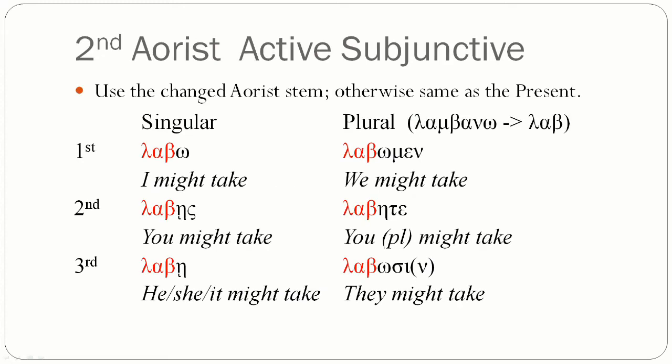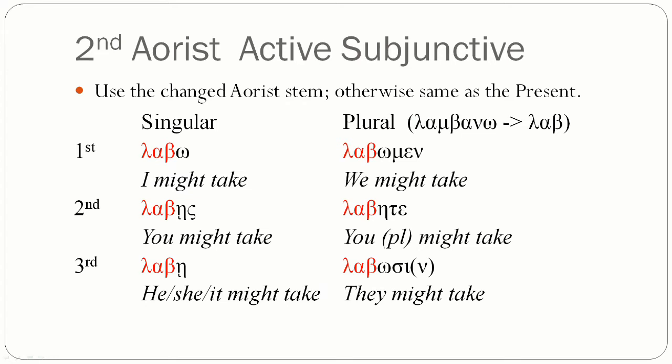The book doesn't cover this too much, but I thought that I would go ahead and give this to you. I'm not going to give you the full set of endings, just the active forms; the middle and passive forms take exactly the same pattern. With your second aorist actives, you take your stem, and I've put this right after lambano.